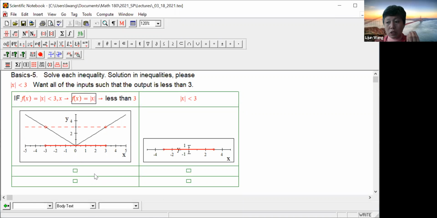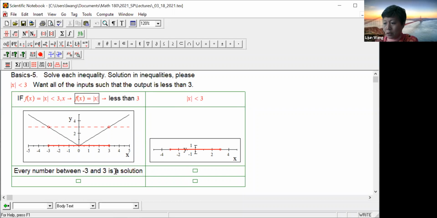So the solution is all the numbers between -3 and +3, right? We can say it in words. Let's write down the words. Every number between -3 and +3 is a solution.